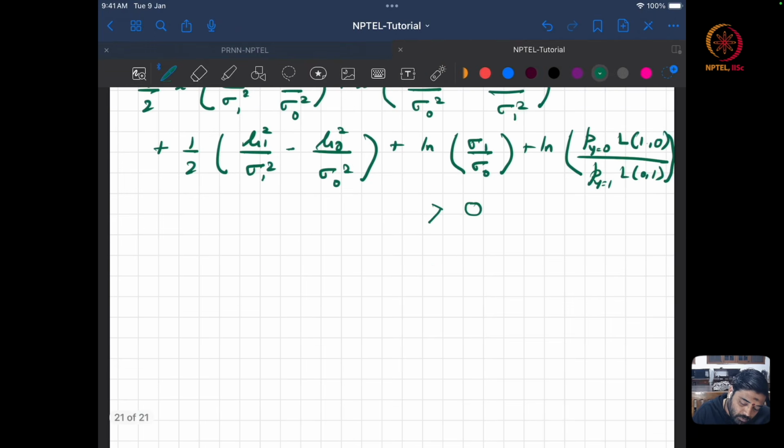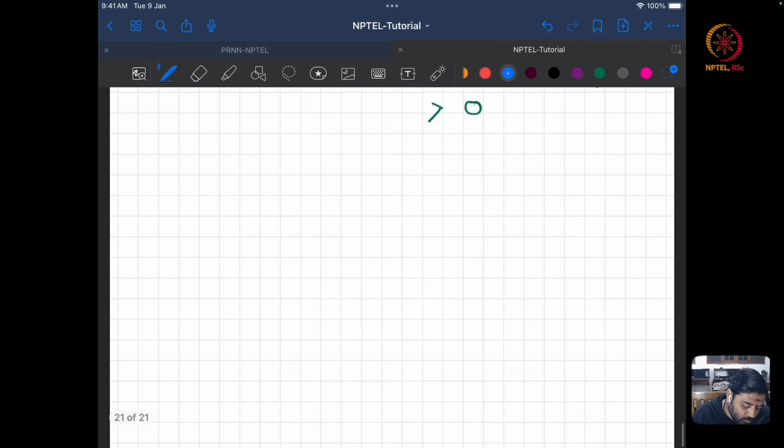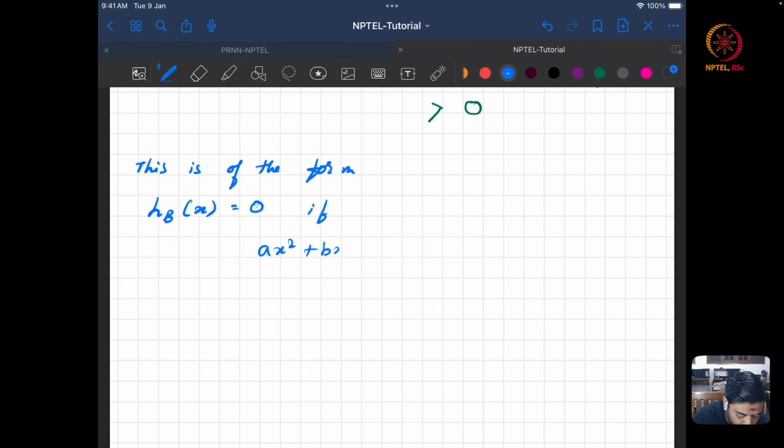Now this is of the form, again, where I am going, I am taking a Bayes classifier in which I have a 0 1 loss and two outcomes. It says 0 if ax square plus bx plus c is greater than 0.